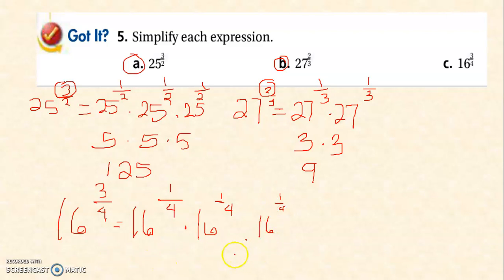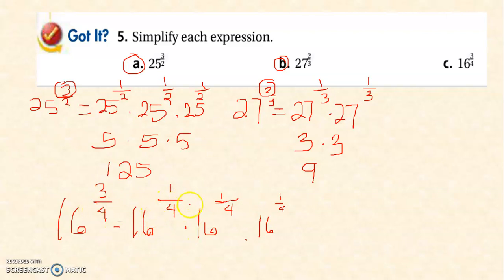Since they have the same base, following the rule, copy the same base, 16. Add the exponents. So 1 plus 1 plus 1, that is 3. Then, since they have the same denominator, 4, so that is 4.